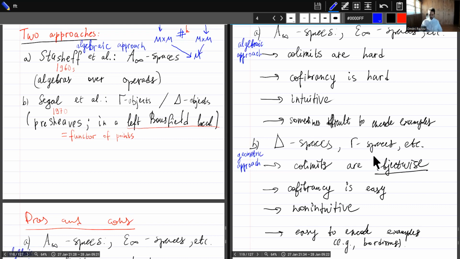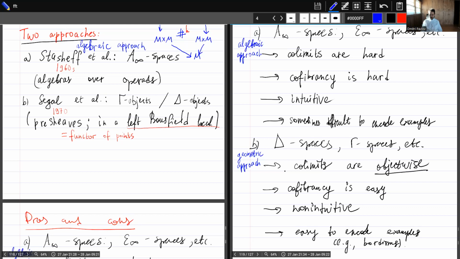And if they are equivalent, you may ask, well, why is it that in one case colimits are difficult, and in the other case colimits are so easy to work with? And where exactly is the difficulty hidden when we pass from one model to another?